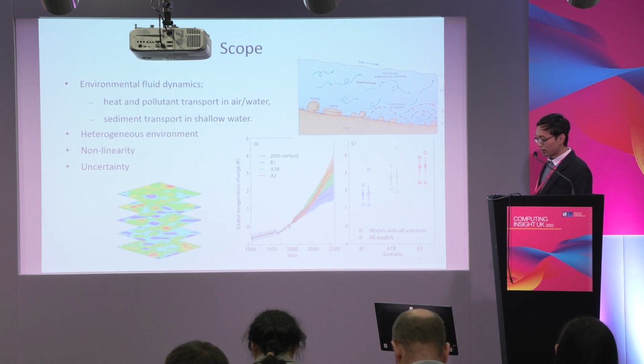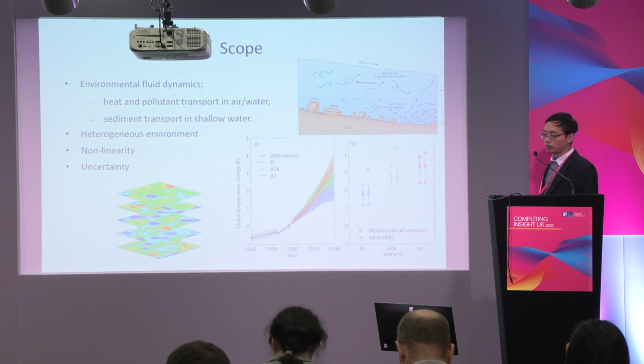And some uncertainty can be seen from this climate scenario. In climate modeling, often they do not arrive at a certain result, but instead they do what is called ensemble modeling.